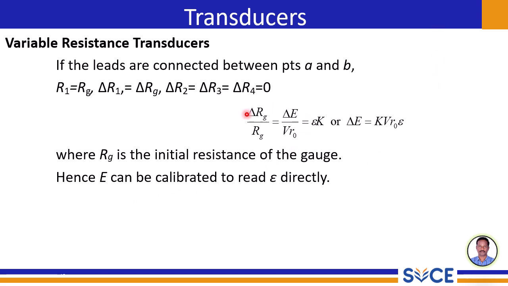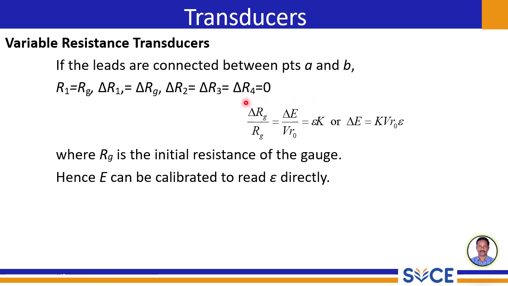This is the formula for the simplified arrangement, where Rg is the initial resistance of the gauge, then the equation relates the fractional change to the change in output voltage del E, the input voltage is V, and the bridge configuration is given by small r0, this one, where epsilon is the strain experienced by the gauge, del L by L, and K is the gauge factor of the strain gauge.